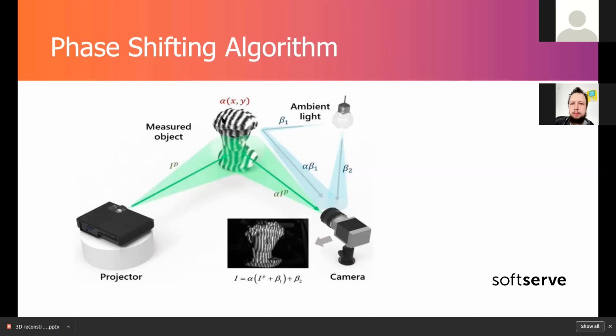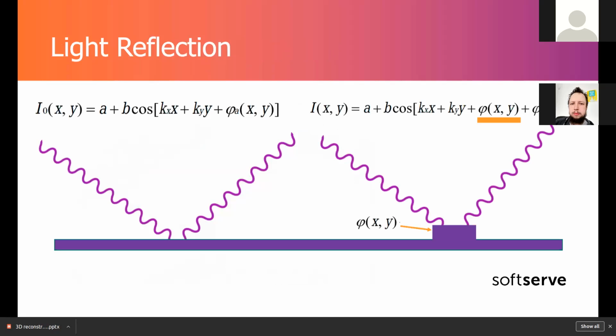Then we capture the reflected image by the camera, and the distortion of this phase, alpha x y, where x y are the coordinates of the pixels, is decoded, and then using some algorithm we can decode the depth in order to receive the 3D model. This is actually not a 3D model, but depth. So that's the main idea.